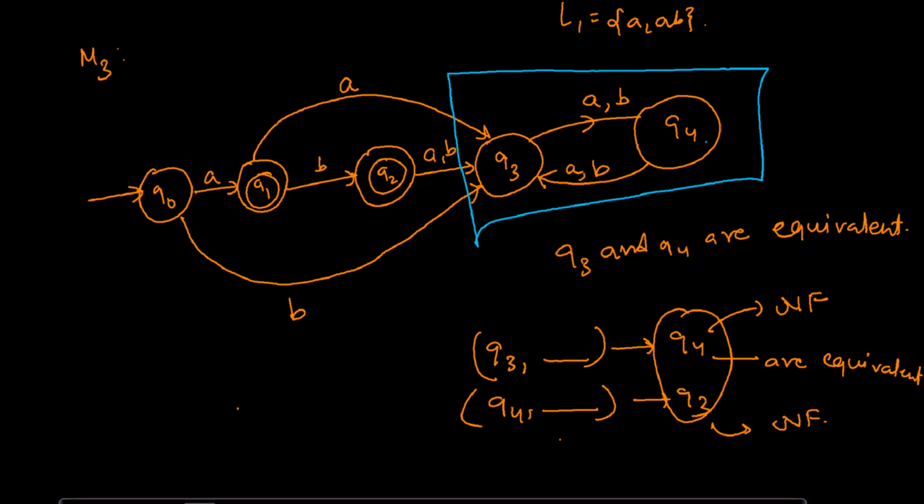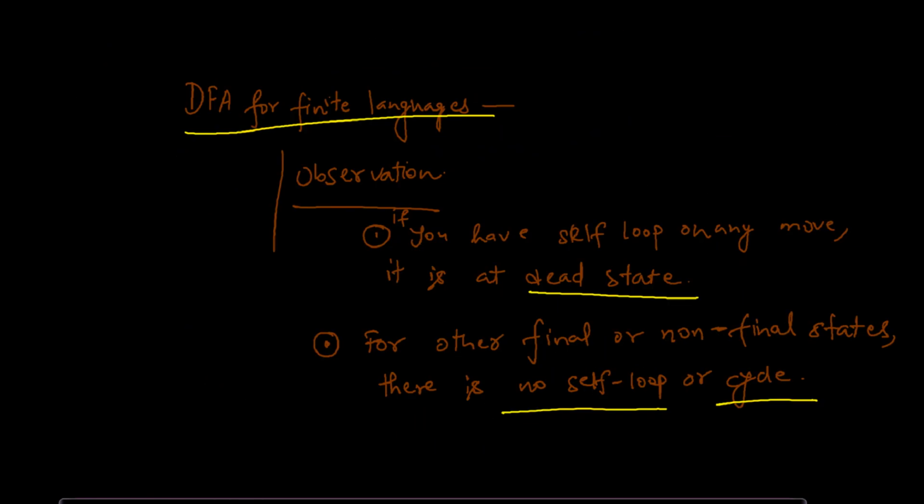So if you have a self loop on any move, it is a dead state. This question can come in the examination, and if you are not careful whether they are asking about minimal DFA or any DFA, then you might make a silly mistake, right?